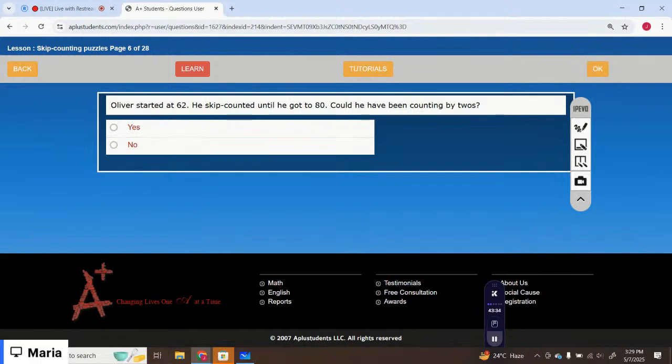So the correct option is yes, he skip counted by twos. The correct option is yes. Option number one is the correct option.